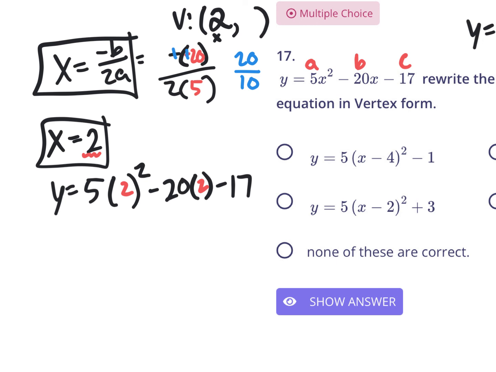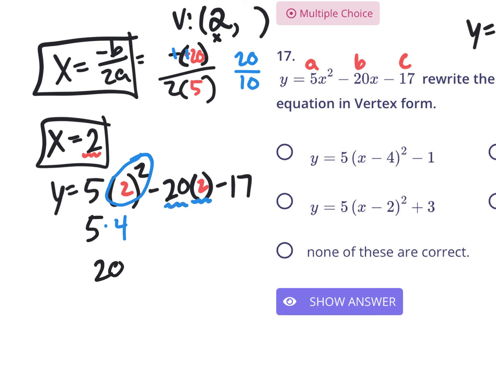Please don't make the mistake of not using the correct order of operations. PEMDAS is the correct order of operations. Parentheses first, but there's nothing to do inside the parentheses. You move on to E, exponents. So we do have 2 squared right there. 2 squared is 4. So what we really have here is 5 times 4. 5 times 4 is 20. Then you move on to the next one.